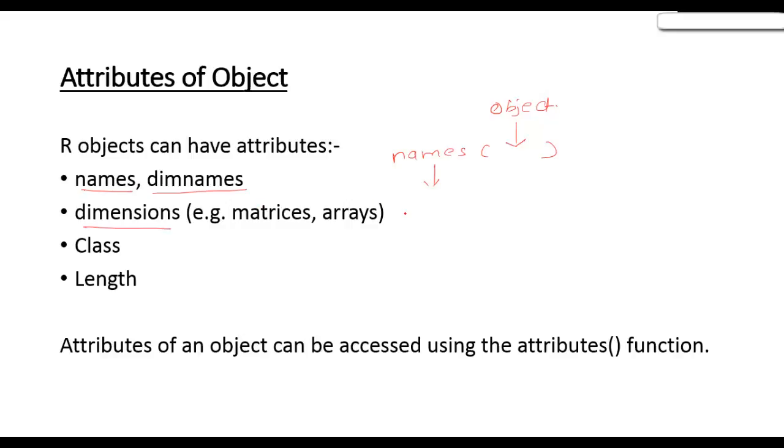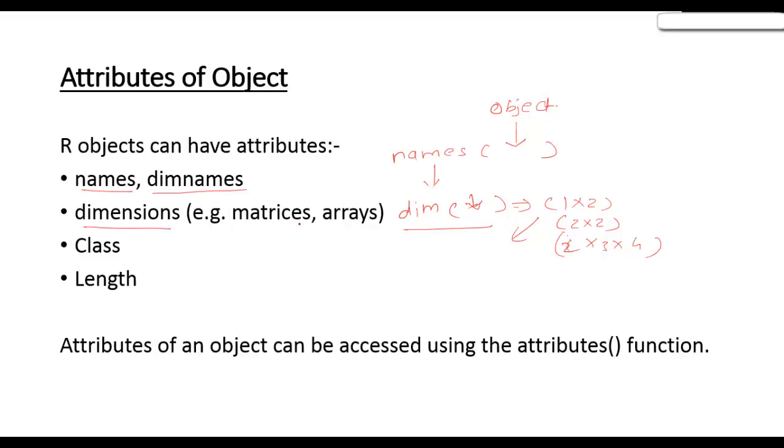We normally call the method dim to fetch the dimension of an object. We put the object as an argument and fetch the dimensions, whether it is 1 cross 2, 2 cross 2, or let's say 2 cross 3 cross 4.